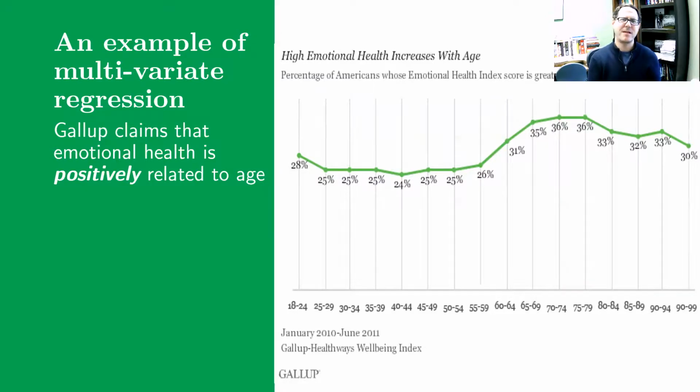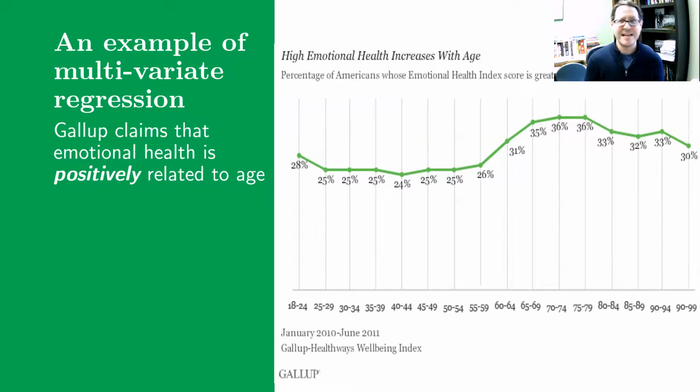They measured this by the percentage of people who scored really high on their emotional health index. And so they said, look, young people seem to be in the mid-20s, old people seem to be in the mid-30s. Clearly, as you get older, you have better emotional health.